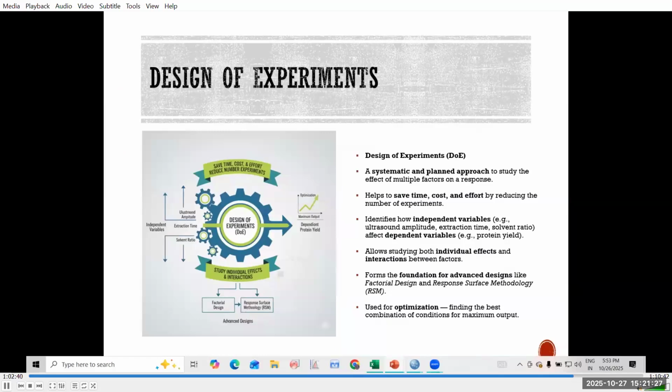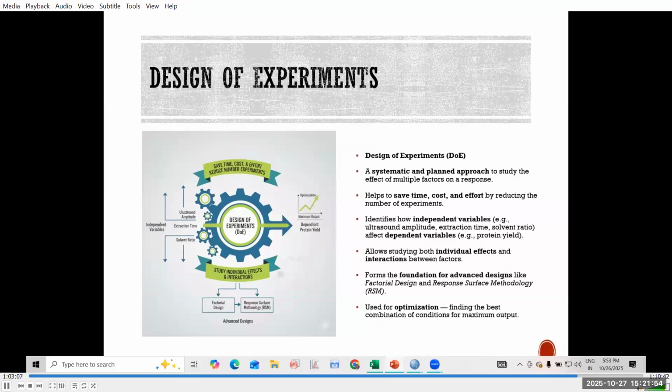Let's go to the design of experiment. It is basically a structured way of planning experiments. Instead of changing one factor at a time, we change several factors together in a systematic and scientific manner. The goal is to understand how different factors affect our outcome and to find the best combination for the desired results.